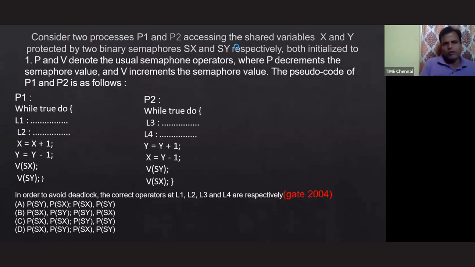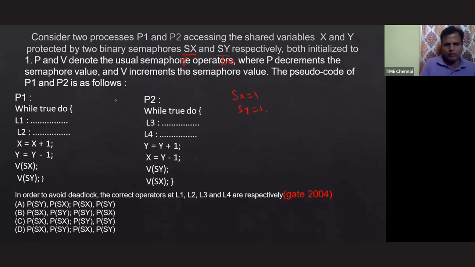See here. Consider two processes P1 and P2 accessing the shared variables x and y, protected by two binary semaphores Sx and Sy respectively, both initialized to 1. So that means Sx equals 1, Sy equals 1. P and V denote the usual semaphore operations, where P decrements the semaphore value and V increments it.